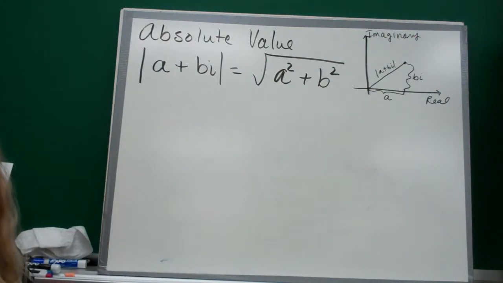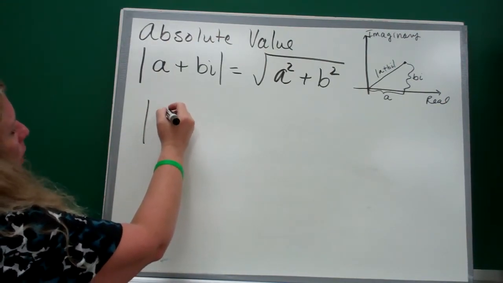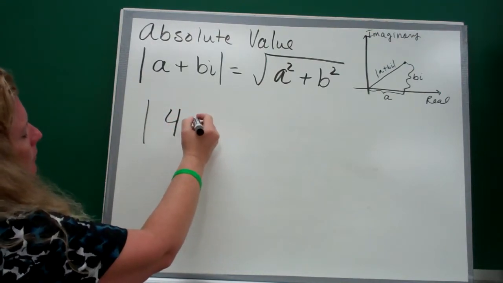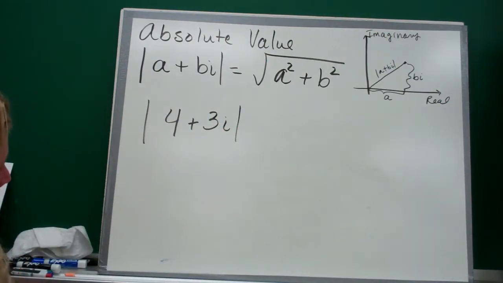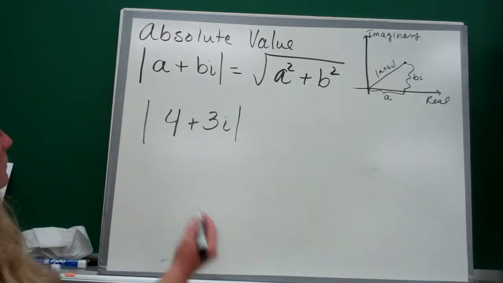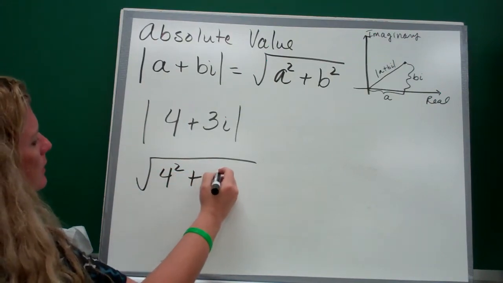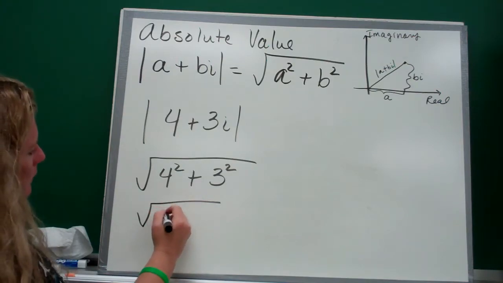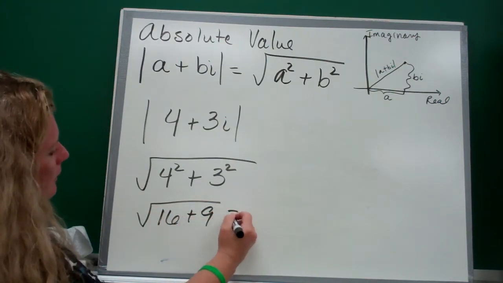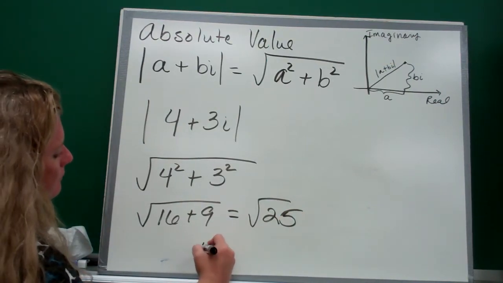So, if our example is find the absolute value of 4 plus 3i, we use the formula. It's going to be the square root of 4 squared plus 3 squared, which is the square root of 16 plus 9, square root of 25, which is 5.